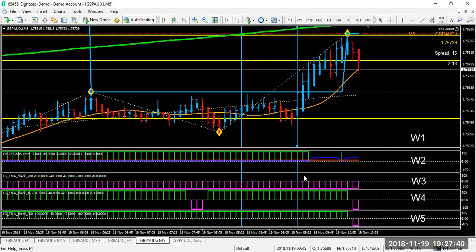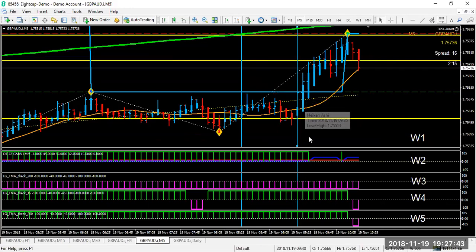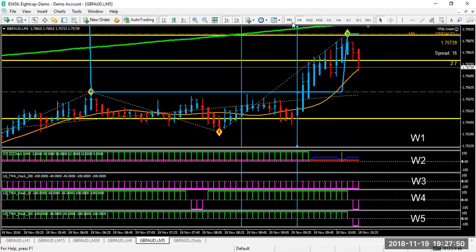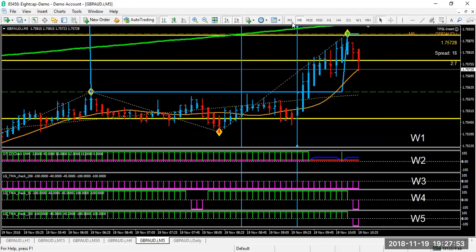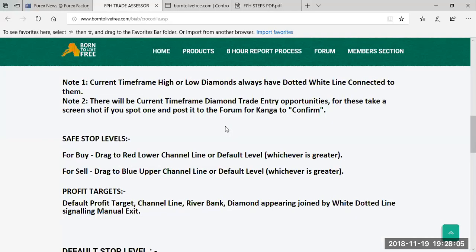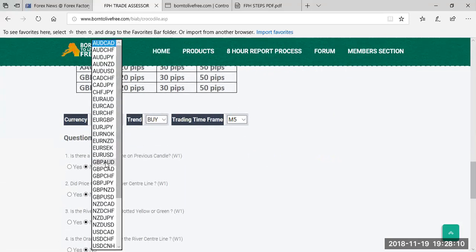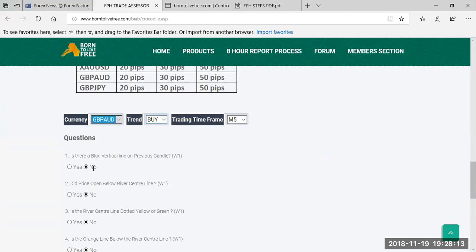Okay. So now we'll go and answer the question. You'll see what the assessor says. Okay, and Aussie buy, blue vertical line, yes.